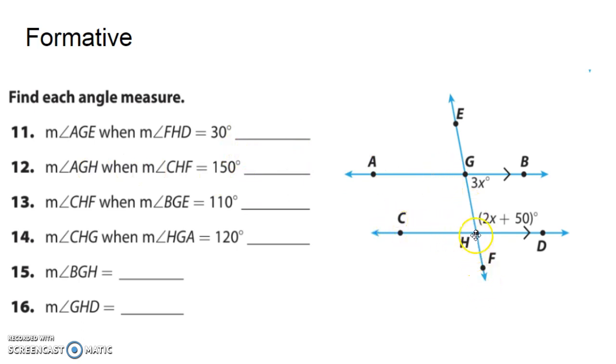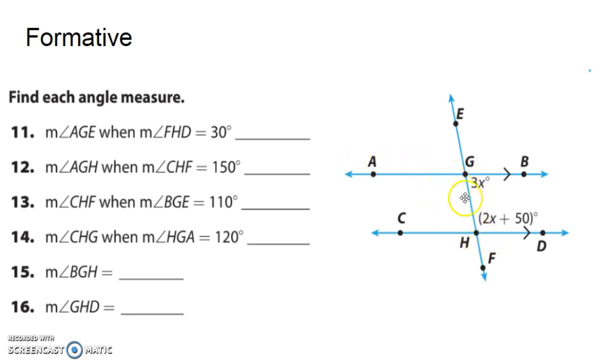CHF, they want to know CHF when BGE is 110. These are alternate exterior angles, so this would be 110. And last, they want to know CHG when HGA is 120.